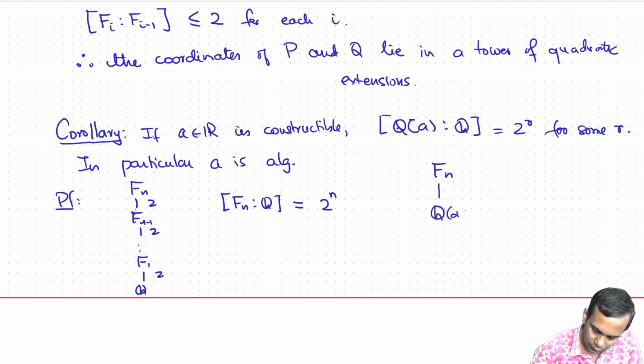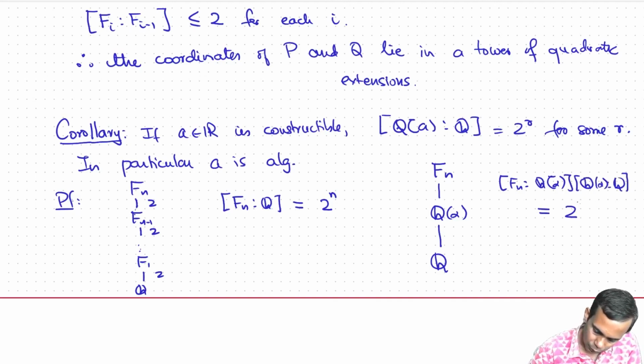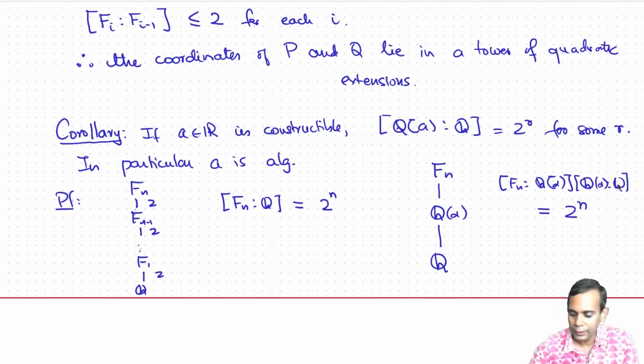So Q(alpha) is an extension that is between Q and Fn, and so the degree of Fn over Q is 2 to the power n. So the only possibility for the degree of Q(alpha) over Q is that it has to be 2 to the power r for some r less than or equal to n.